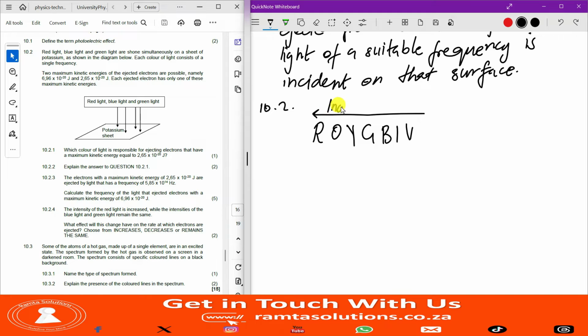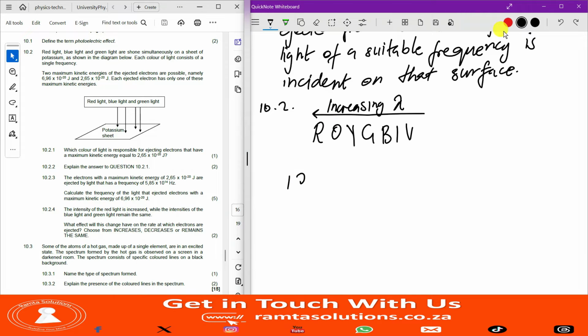As you move from violet to red, wavelength increases, which means frequency decreases. Remember, frequency is inversely proportional to wavelength. So this is one mnemonic you should always have.